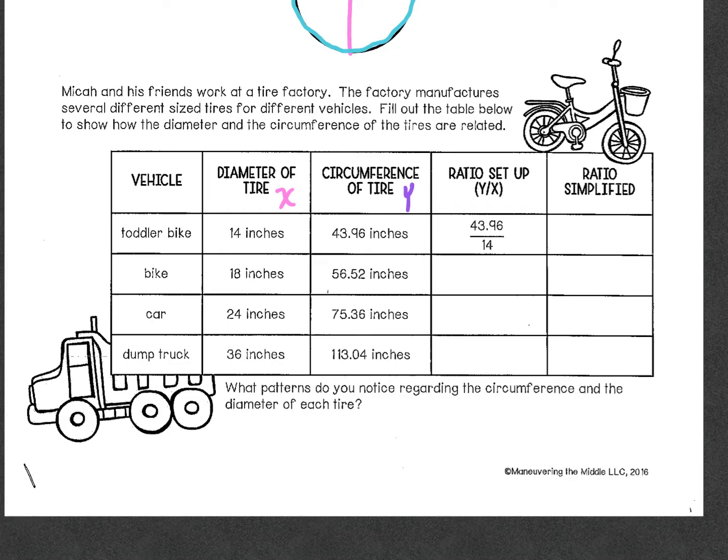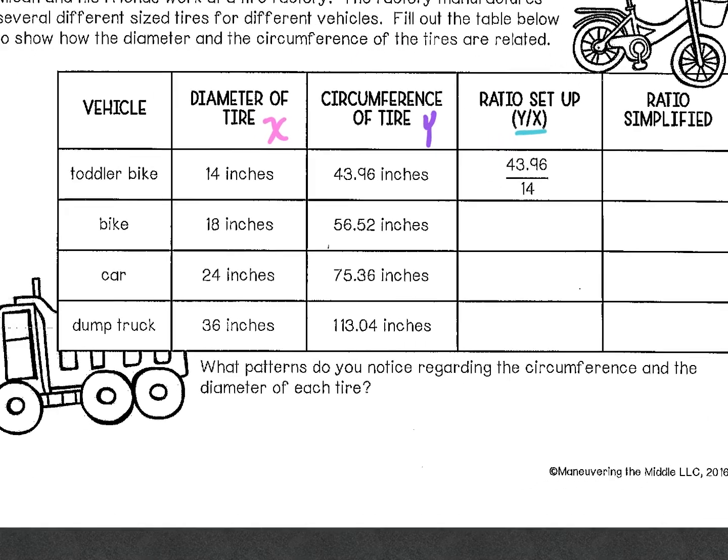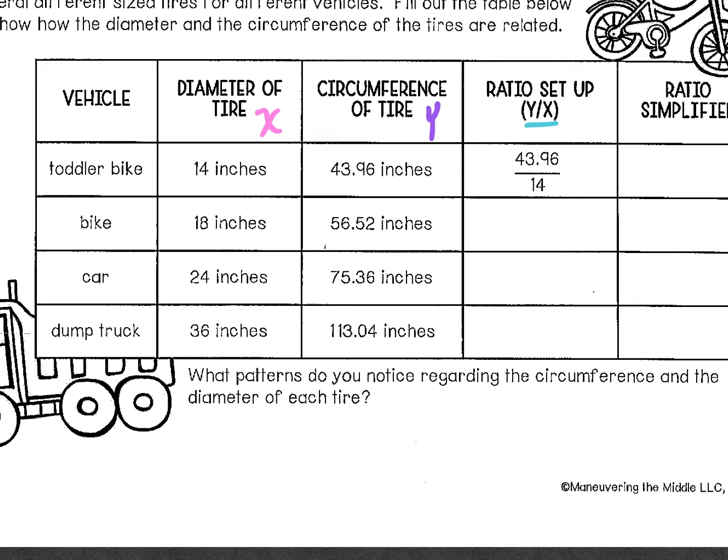X is what we put in, y is what we get out if we had a formula. Since we don't, we're going to use y divided by x: we take our circumference, our y, and divide it by x.